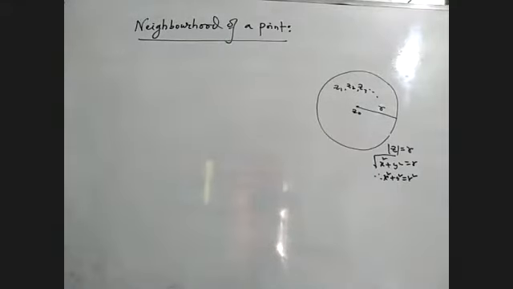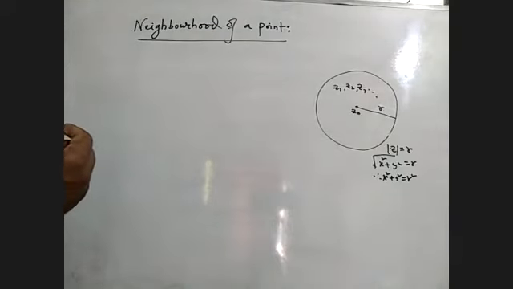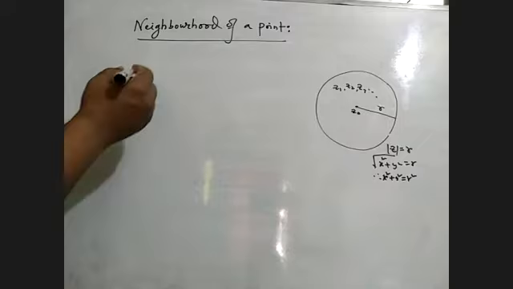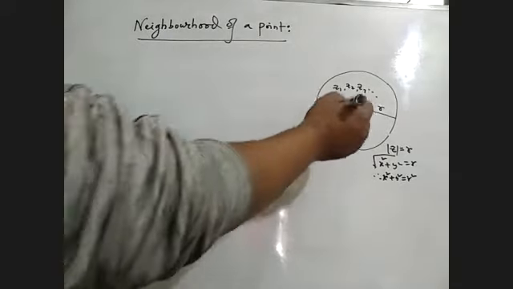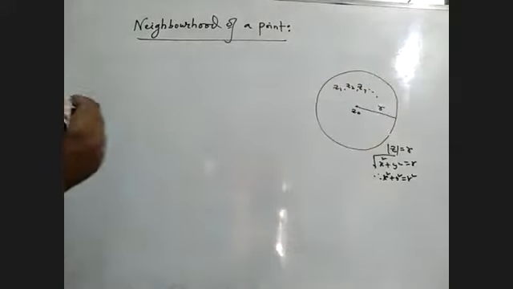So what will be the neighborhood of the point? The interior of the point, the set of all points of the complex plane inside the circle. All our points will be inside the circle.